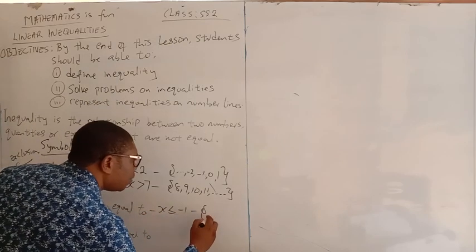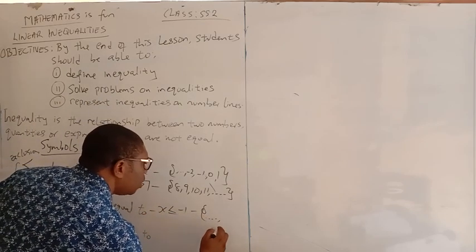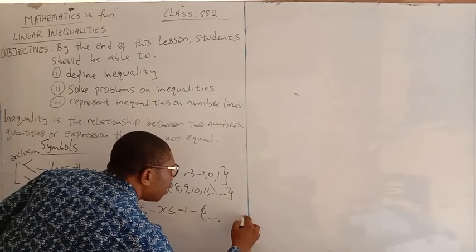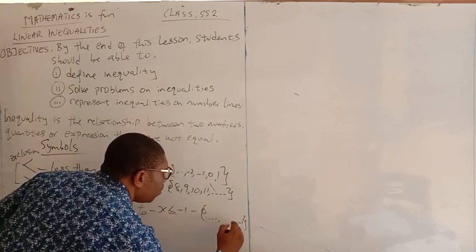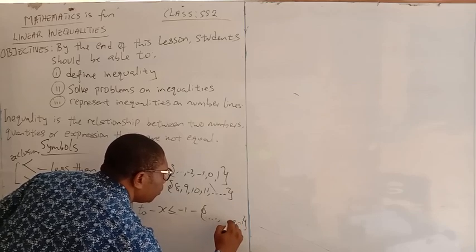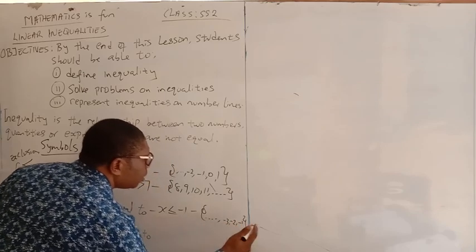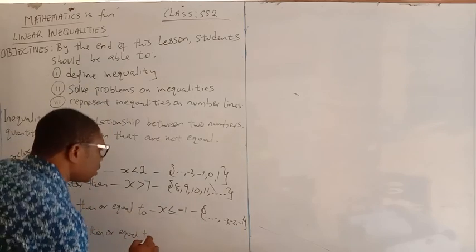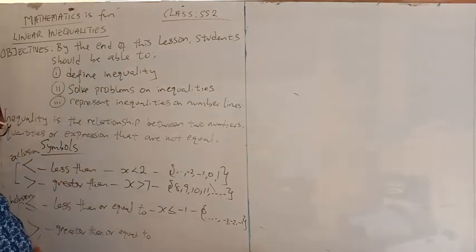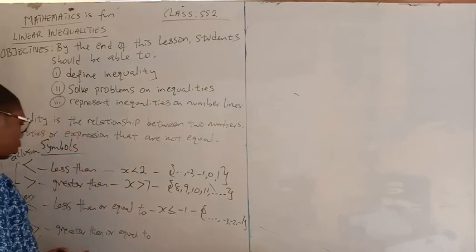So then we have all these numbers below. So you have from -1, -2, -3, and so on, coming down the negative axis. Then this is saying greater than or equal to.